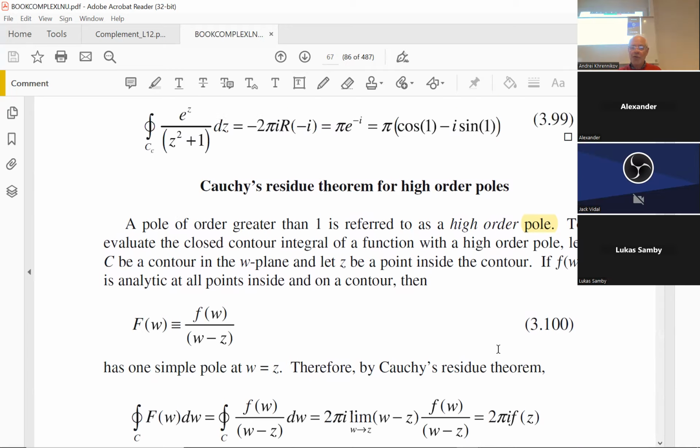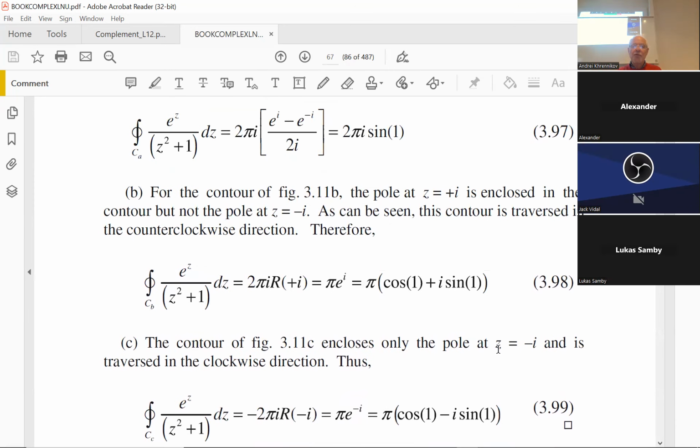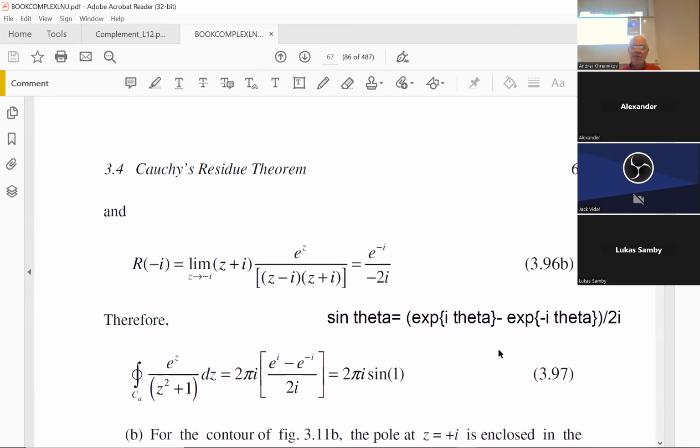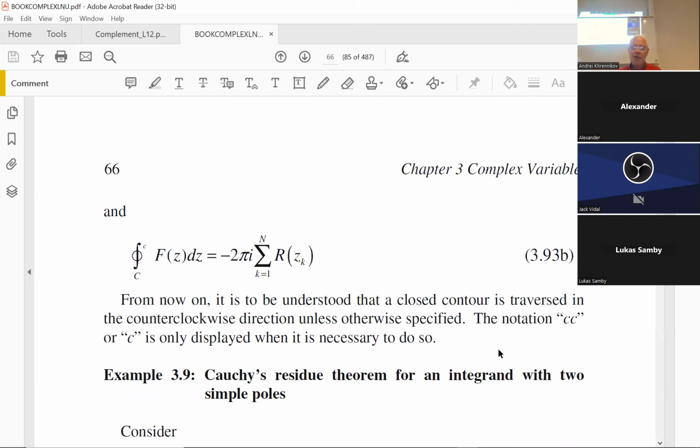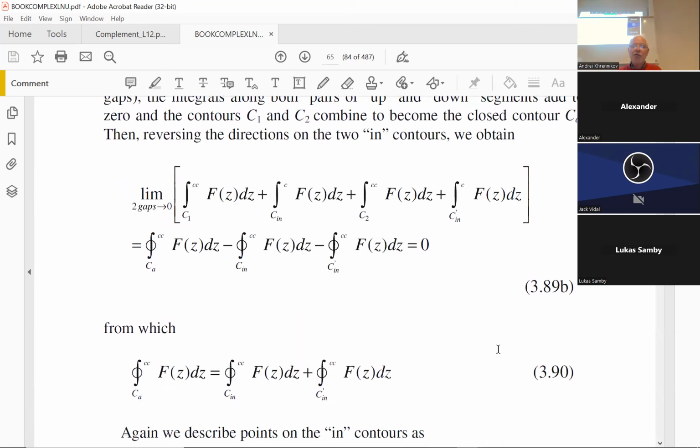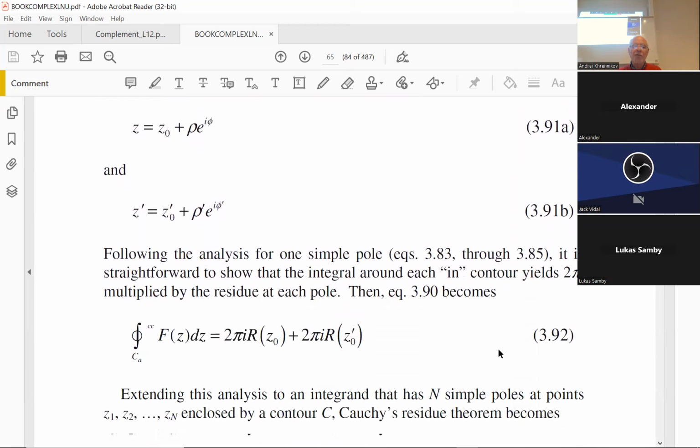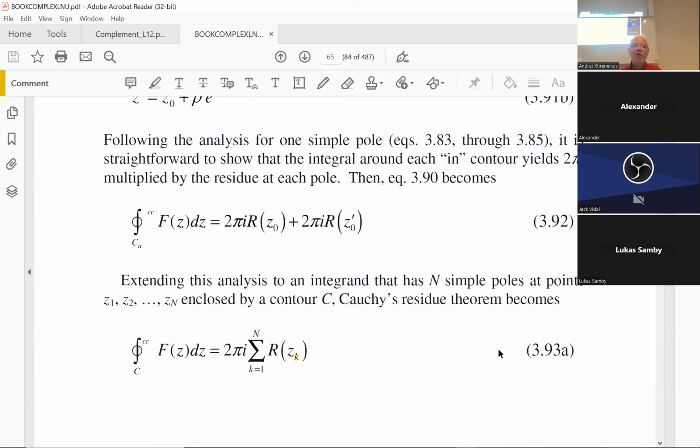For example, if you go to poles, integrals for a function with two poles, how would it look in a mathematical book? In a mathematical book, it would look in this way. For any function f which has poles of the first order at the points z0 and z0 prime, this formula is valid.